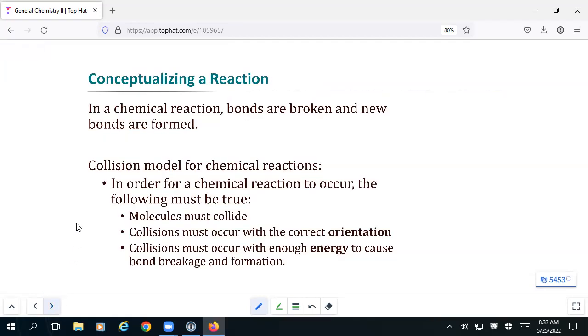But before we really get into all of those different factors, it's probably really important for us to just have a really good understanding of what actually happens when a chemical reaction takes place. Because if we don't understand conceptually what is going on when a reaction happens, it's going to be really hard to visualize how these individual factors make a difference.